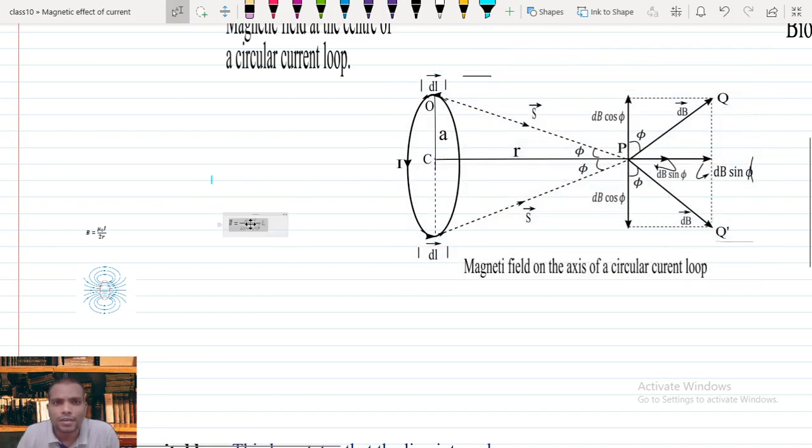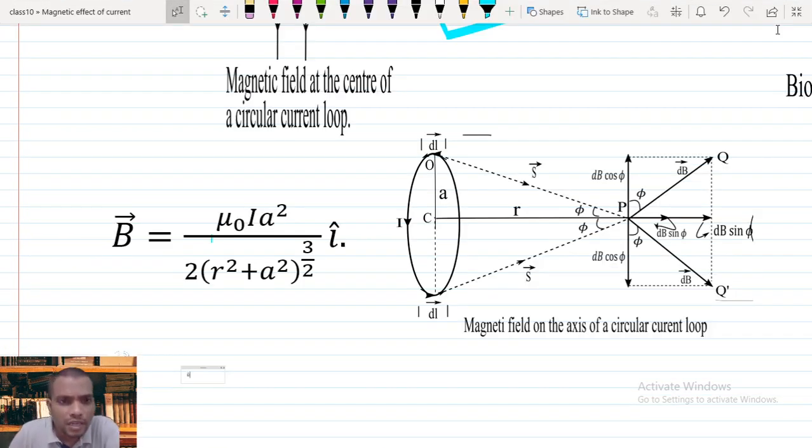For the magnetic field along its axis, we got an expression B at point P equal to mu naught I a square upon 2 times r square plus a square whole power 3 by 2. So that gives the magnitude of the magnetic field due to a current carrying loop at a point P along the axis of the loop.